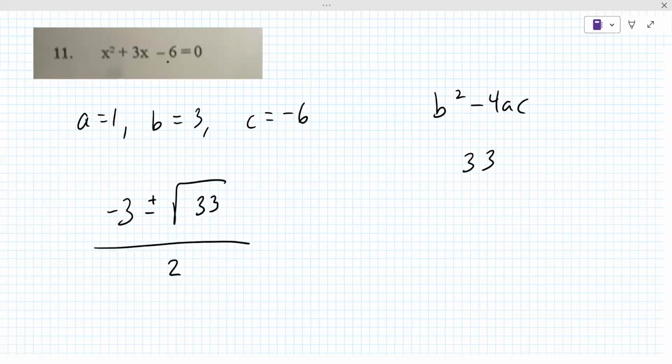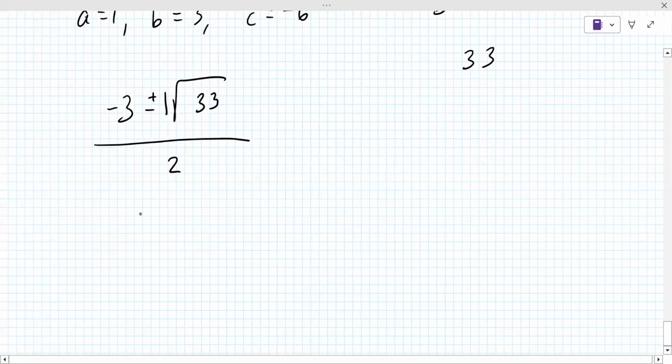So can you take a look and see if the square root of 33 reduces or not? It does not. Yeah, it's just like that. So you can treat it like there's a 1 out in front if that helps, because you still have to divide each of these by the 2.